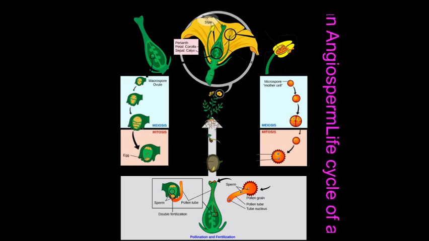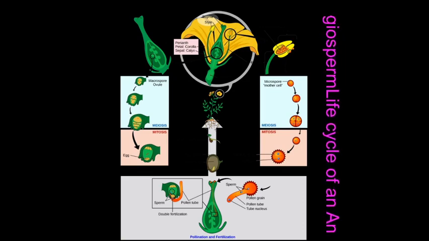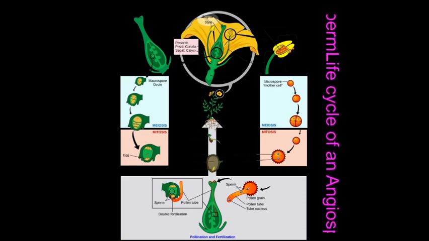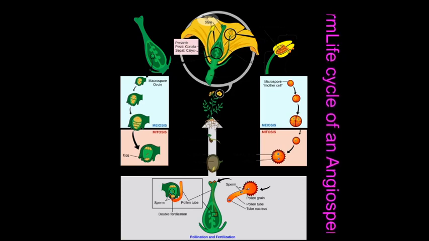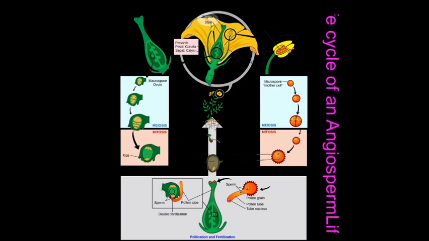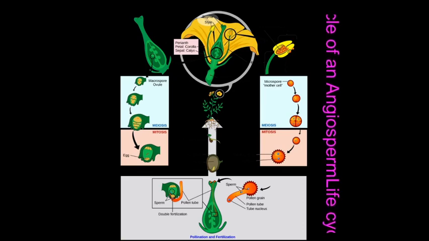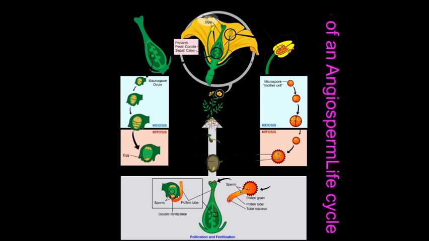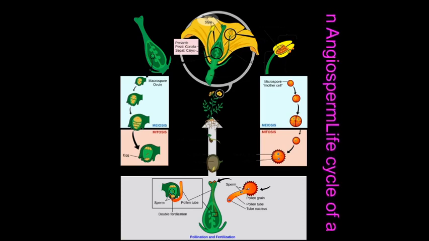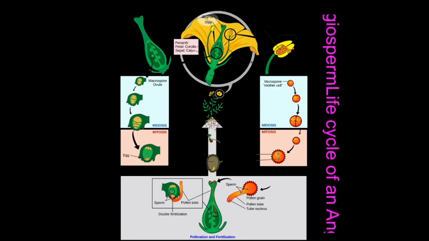The egg cell and male gamete together undergo syngamy and produce the zygote, which eventually develops into the embryo, while the secondary nucleus and the remaining male gamete fuse to show triple fusion, which eventually produces the triploid endospermic nucleus, which grows as the endosperm.